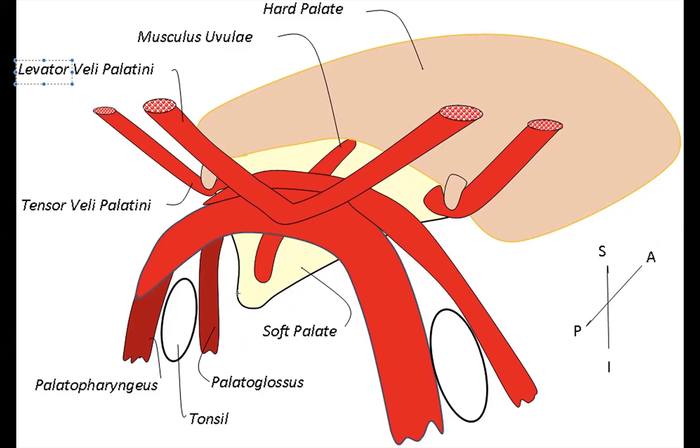Okay. Now, let's discuss innervation. How are they innervated? Can you just do the origin of palatopharyngeus again? From the name palatopharyngeus, palato is soft palate. So we will say palatine aponeurosis, and inserts into the thyroid cartilage.